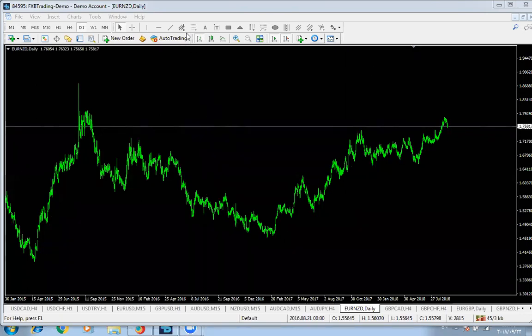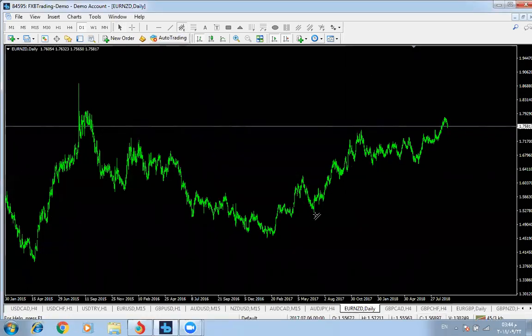Let me draw a channel line between this and this high and this low, and as we see, the whole price is moving within this channel. So an impulse of 5 waves should exist right there.